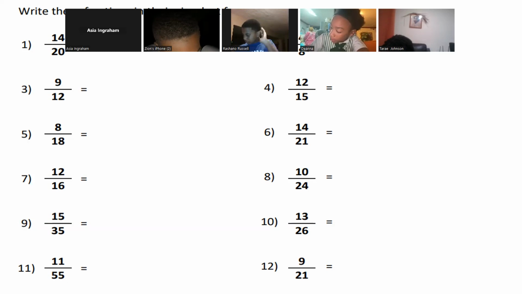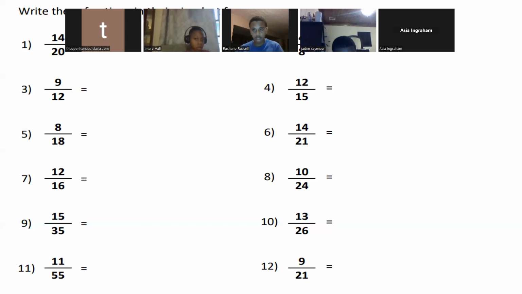Oshana, what number you on? Number 18. Are you doing it the way I told you to do it? Yes, sir. How about you, Jaden? Jaden, what number are you on? 14. Amari, what number are you on?